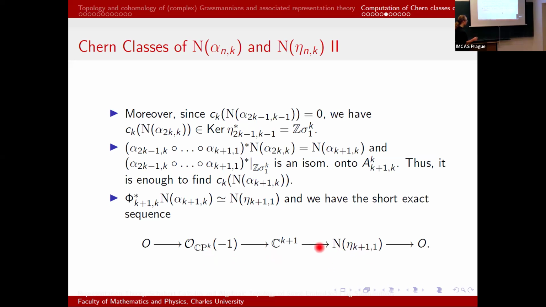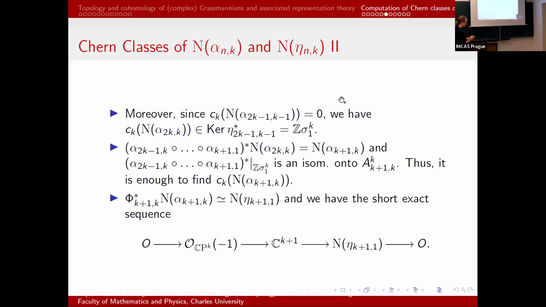And from this short exact sequence, using the Whitney product formula, we can compute the Chern classes, because we know that this bundle is the trivial bundle of rank k plus 1. So it has trivial Chern classes.